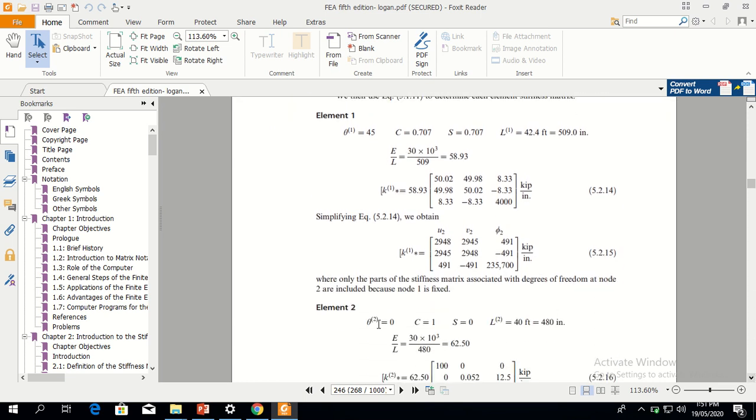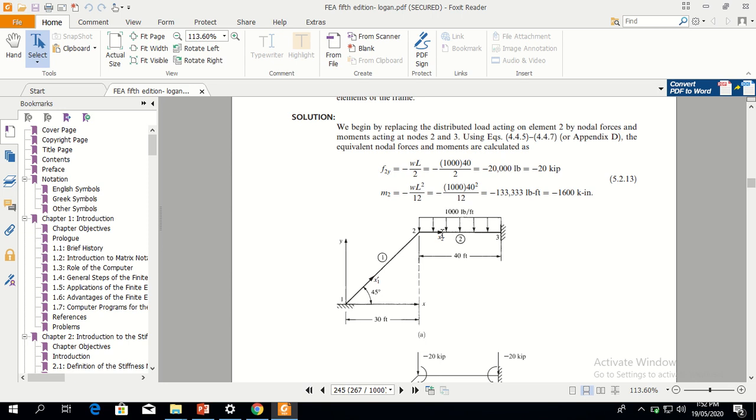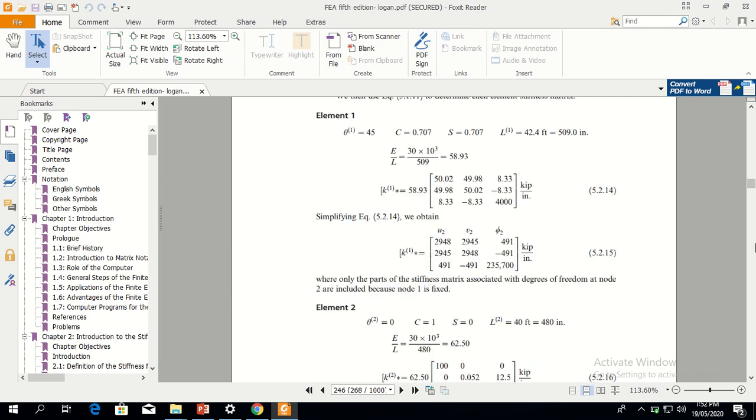Similarly, we'll find the local stiffness matrix for element 2. Theta 2 for element 2, you can see here the element 2 is in line with x-axis, so angle is 0. So for 0 angle, cos theta is 1 and sin theta is 0.